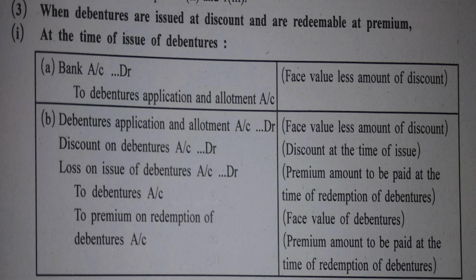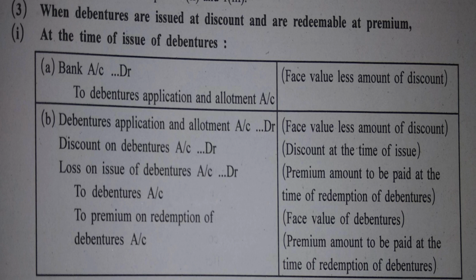Okay. So this situation says that debentures are issued at discount and are redeemable at premium. Now see, the situation about redemption of debentures at premium we have already understood. First journal entry remains the same, and the face value less amount of discount.